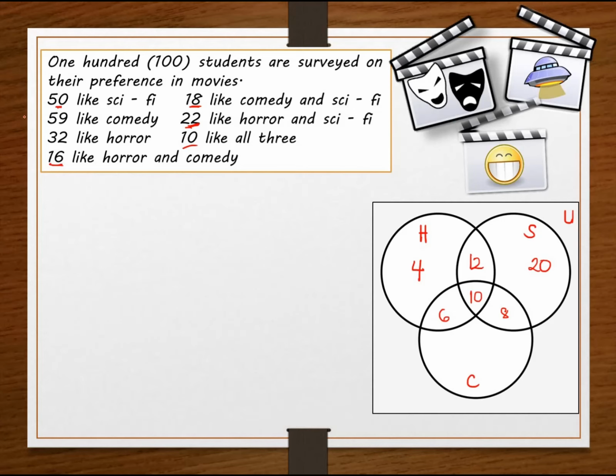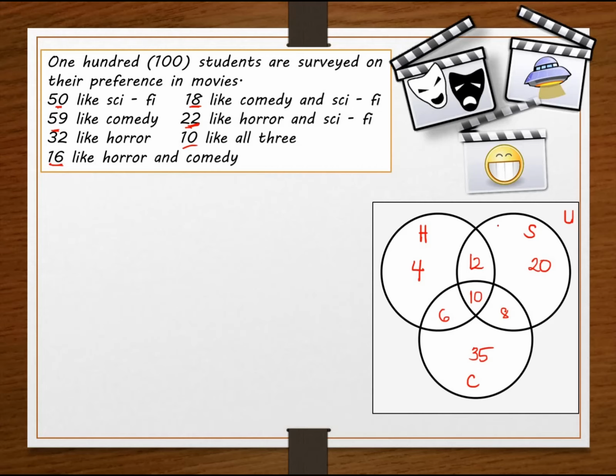And lastly, comedy. There are 59 students who like comedy. As you see, we have 6, 8, and 10. The sum of the three is 24. So we have 59 minus 24, that gives you 35 students.